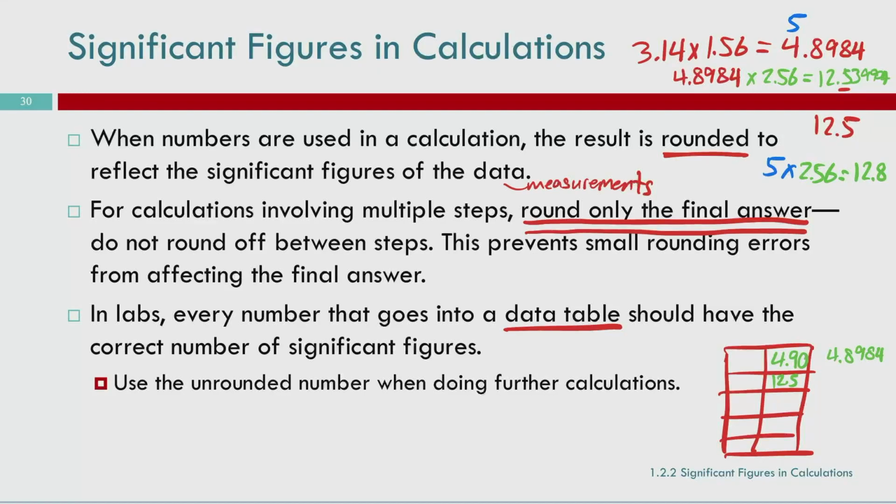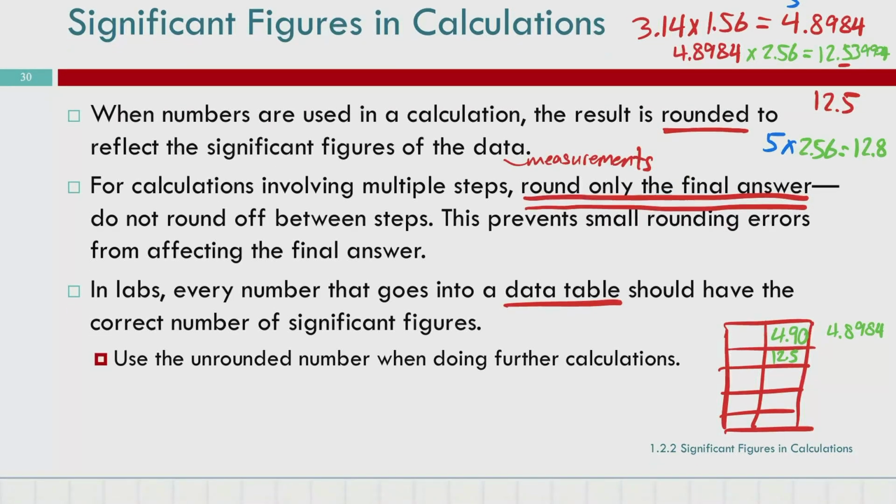It doesn't feel great to do. It feels like, wow, what a waste of time. Once you get used to doing it, it's not that big of a deal. I do it all the time, as you will see throughout the rest of the course. So we want to use those unrounded numbers to avoid rounding errors.